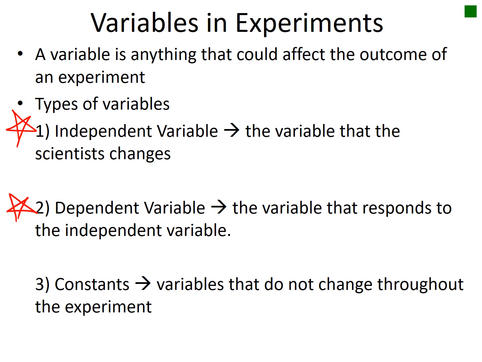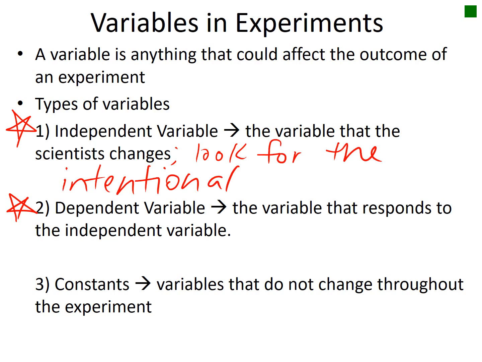So when you go to identify the independent variable, you want to look for the intentional, which means I meant to do that, difference. Okay, so the independent variable is the difference that the scientist chooses.